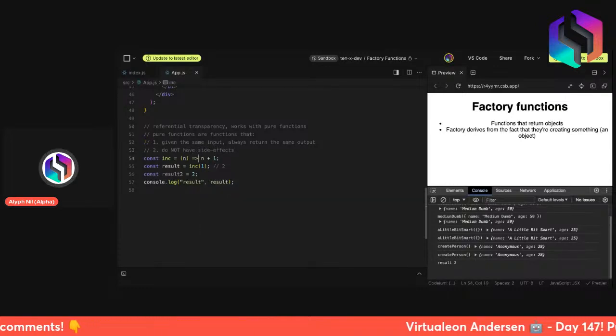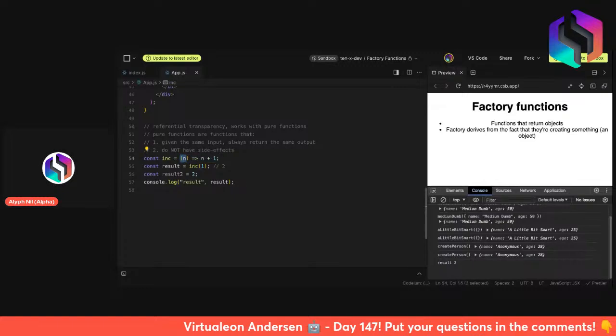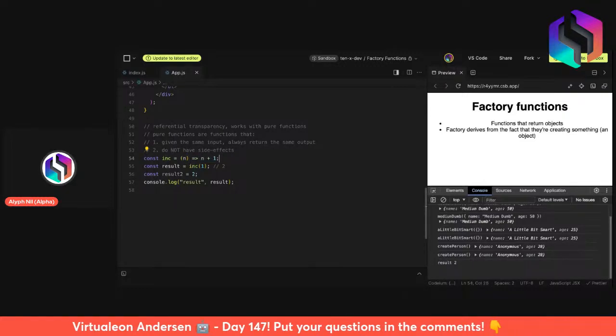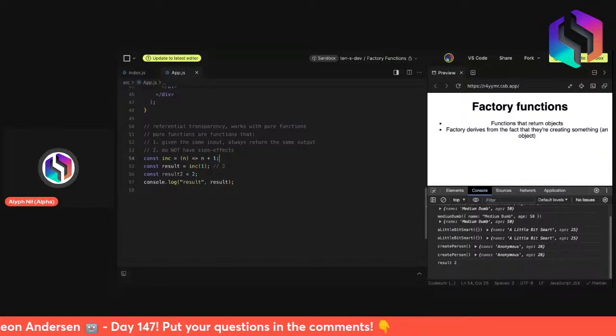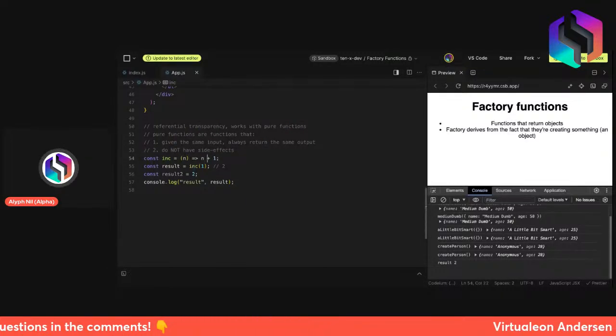And this inc function, for example, is such a pure function, because whatever number you put in here, the output will always be the same given the same input, right? So 1 will always return 2, 2 will always return 3, and so on.